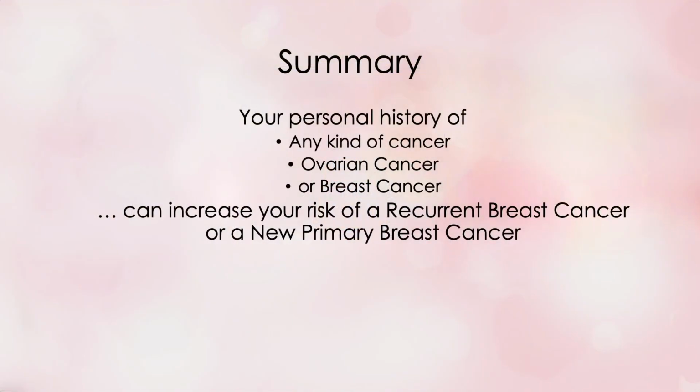So what I've tried to show you in this video is how your personal history of any kind of cancer, ovarian cancer, or breast cancer can increase your risk of a recurrent breast cancer or a new primary breast cancer. And you've seen that no matter what the specifics of the actual cancer, the risk factors for breast cancer always come into play.